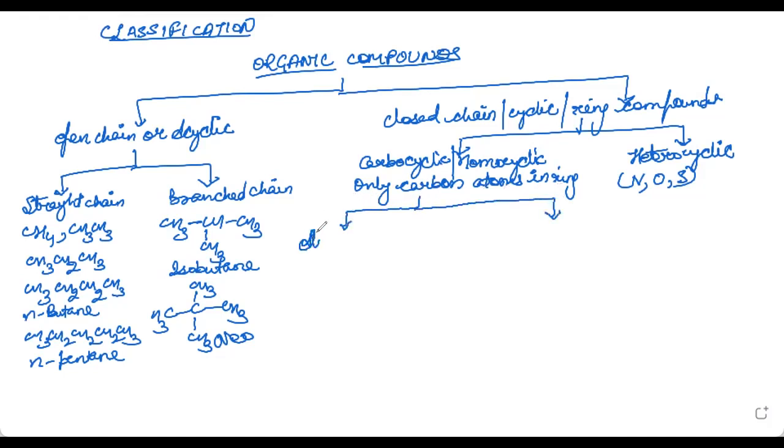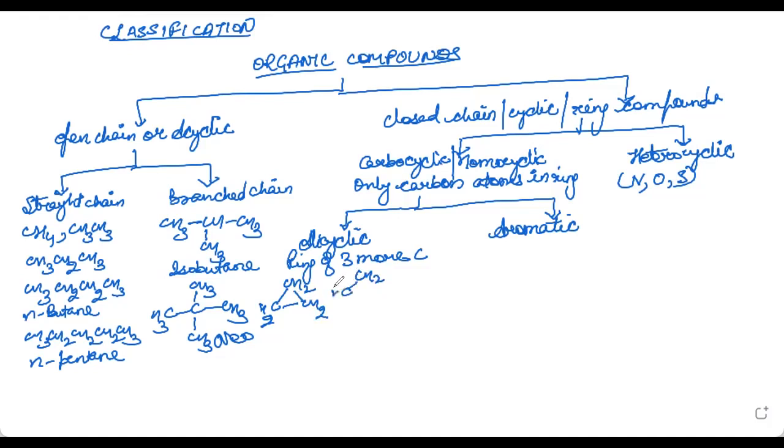Alicyclic and aromatic. Now, alicyclic means there will be a ring of 3 or more carbon atoms. For example, a 3 carbon ring, CH2, CH2, CH2 in a ring, or cyclohexane, which has 6 carbon atoms in the ring.